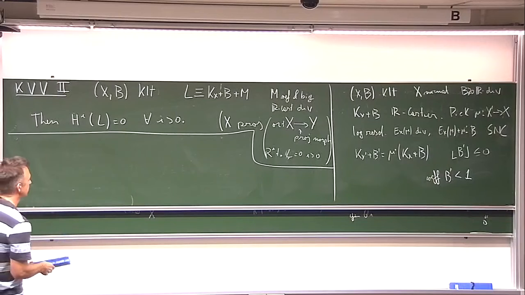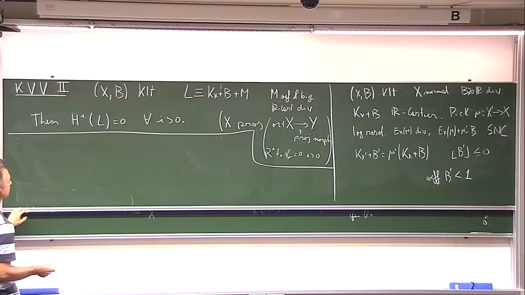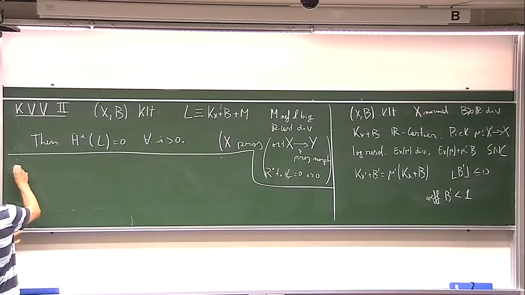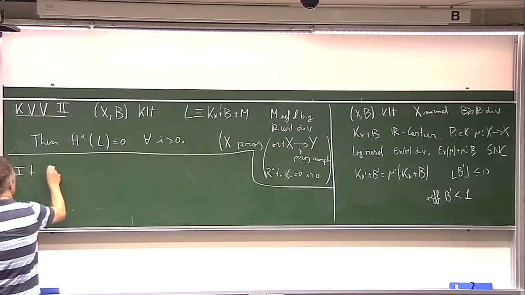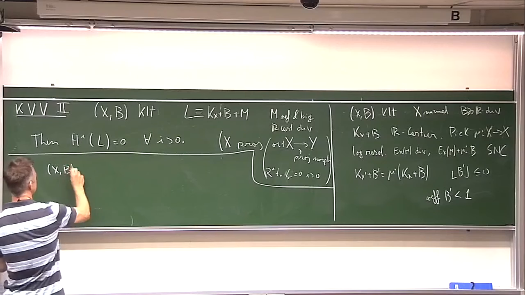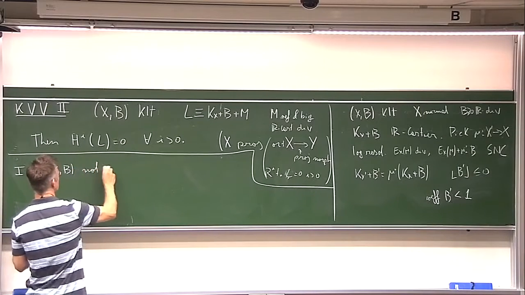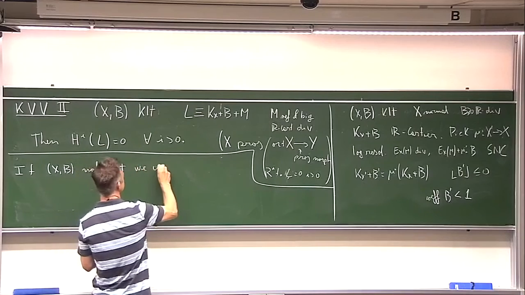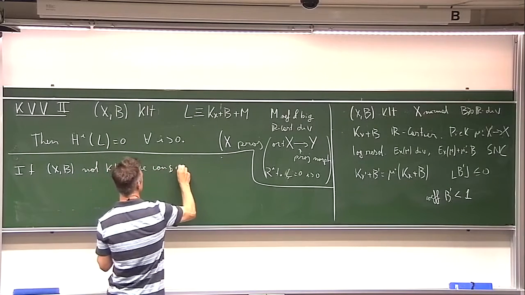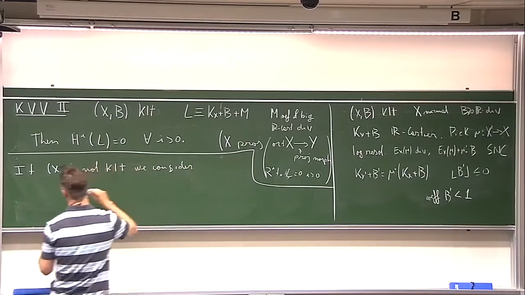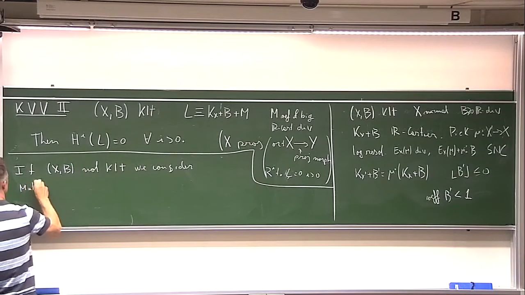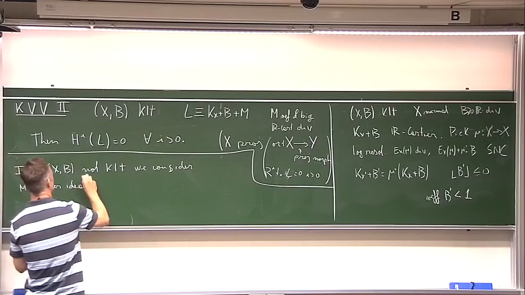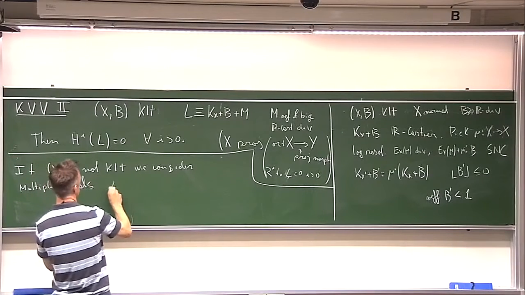You need to take the multiplier ideal sheaf into consideration. So let's write that down. If (X, B) is not KLT, we consider the multiplier ideal sheaves, and the corresponding vanishing is known as Nadel vanishing.